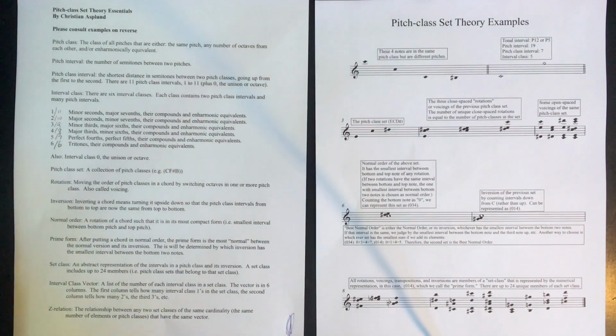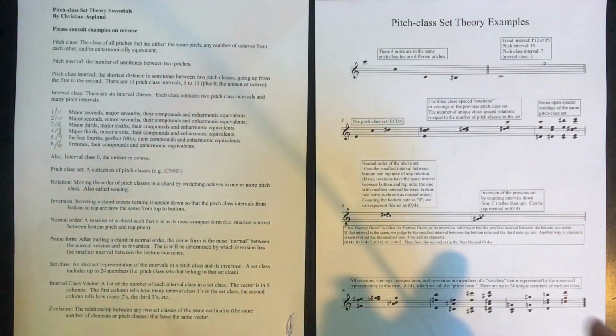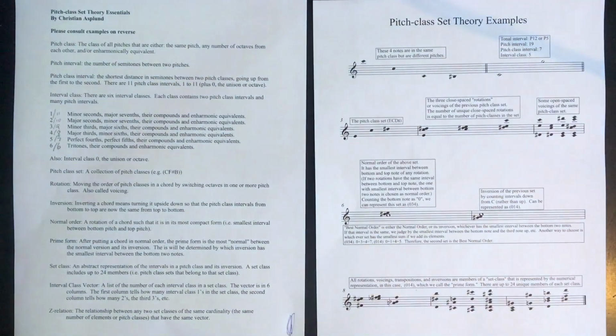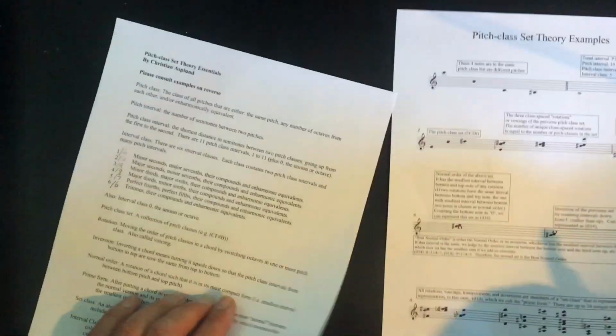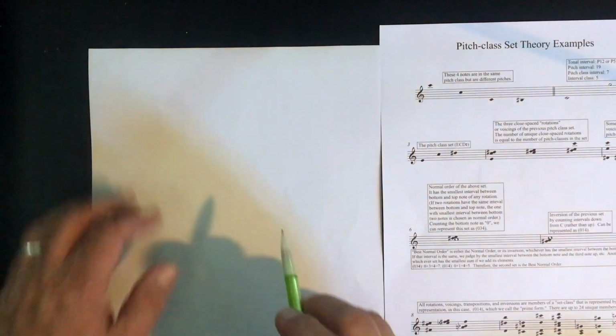Okay, so these interval classes are going to be important. Just keep them in mind. It's a way of abstracting the concept of interval further. Now, the other concept is all laid out here.